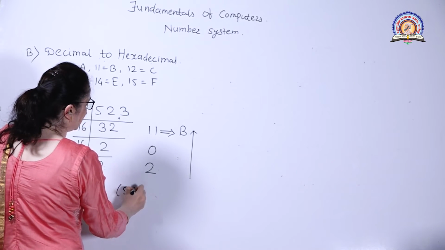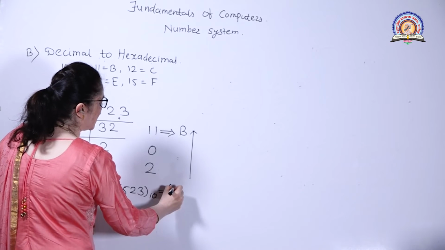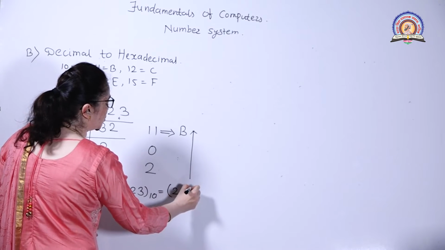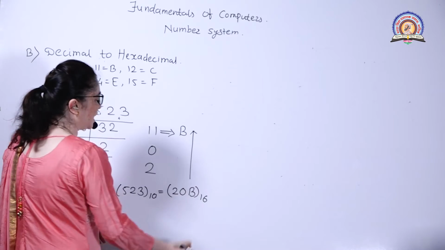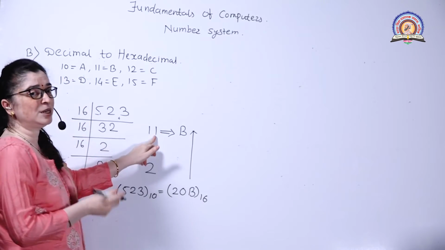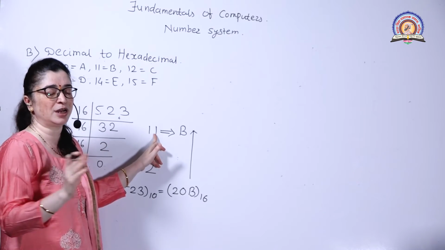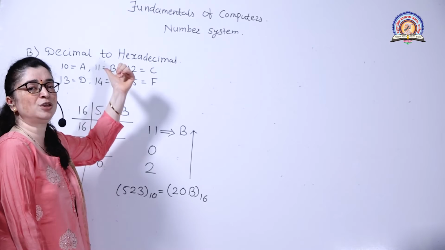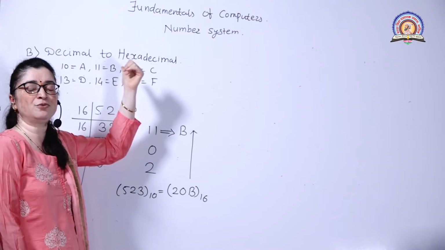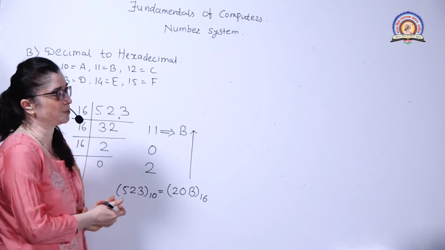So when we consider 523 as a decimal number, its hexadecimal equivalent is 20B and it is indicated by base 16. Whenever the remainder comes from 10 onwards, means 10, 11, 12 up to 15, we have to remember these alphabets. For 10 we have to use A, 11 we have to use B and so on.